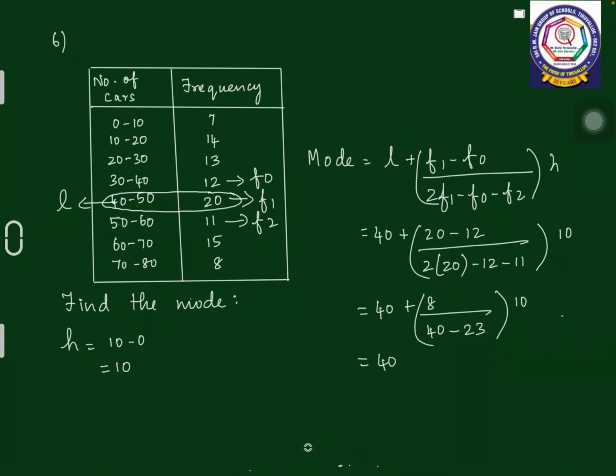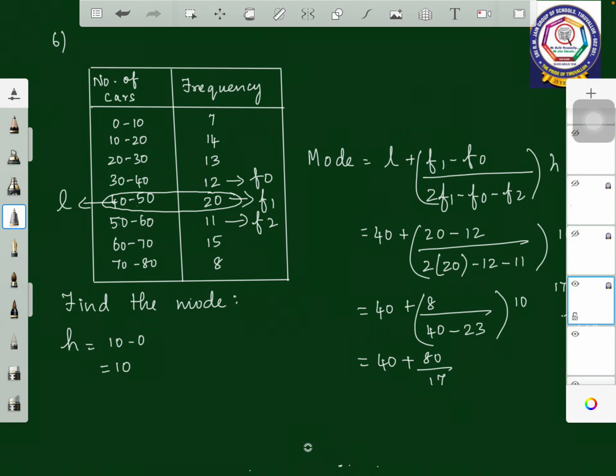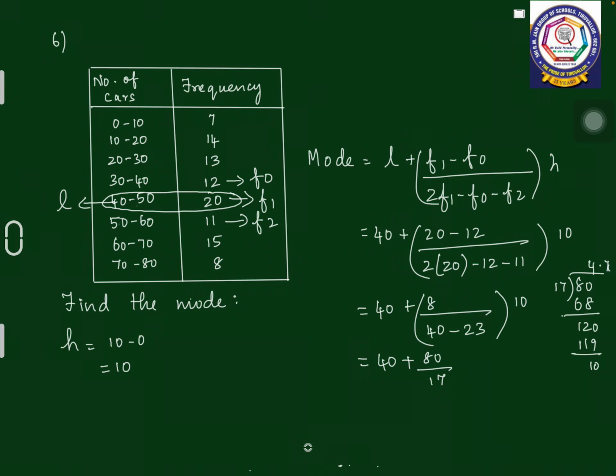So it is 40 plus 80 by 17. Divide 80 by 17. 17 fours are 68. 17 sevens are 119. So 4.70.